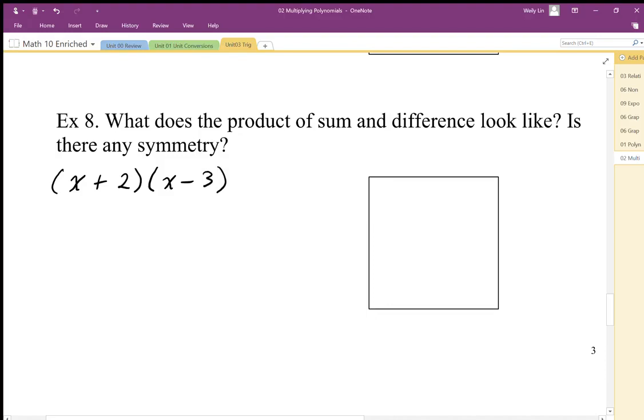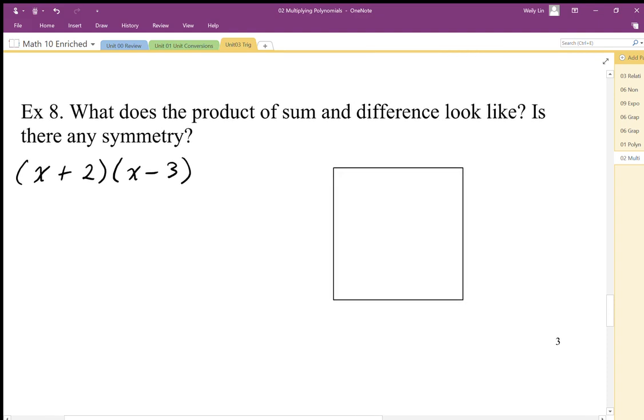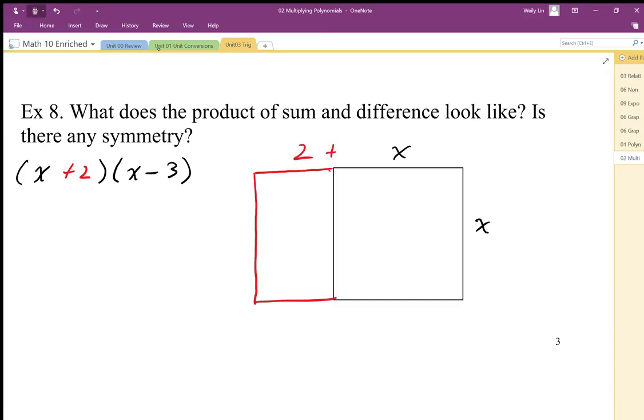3. So there's my x squared, and let's say that is x and x. I can add 2 to one side, and maybe I'll do this in color. So I'm going to do plus 2 on one side. That means I'm going to make this side longer by 2. So that's going to be plus 2. And I can take away from the other side.